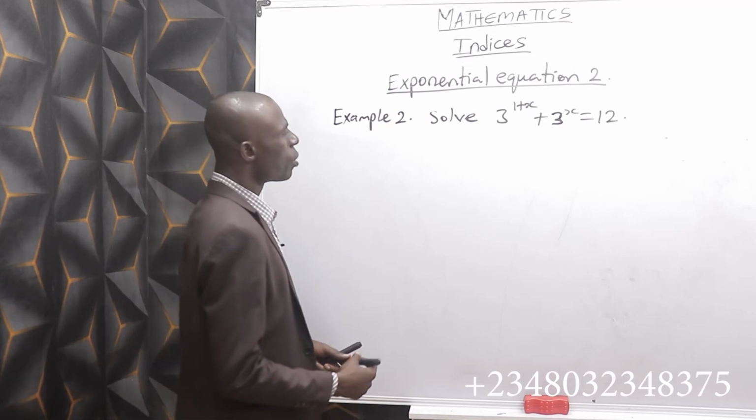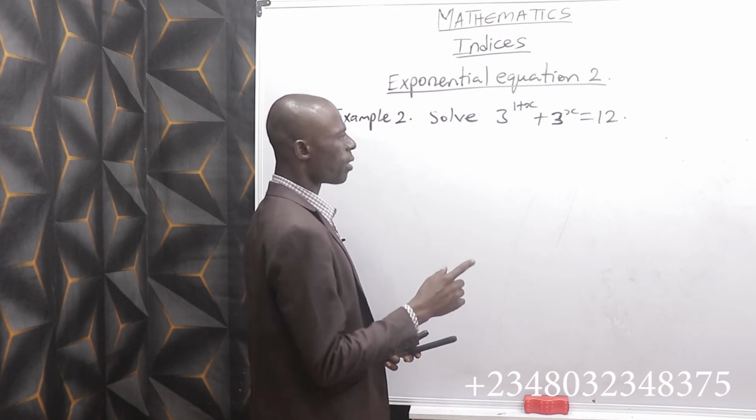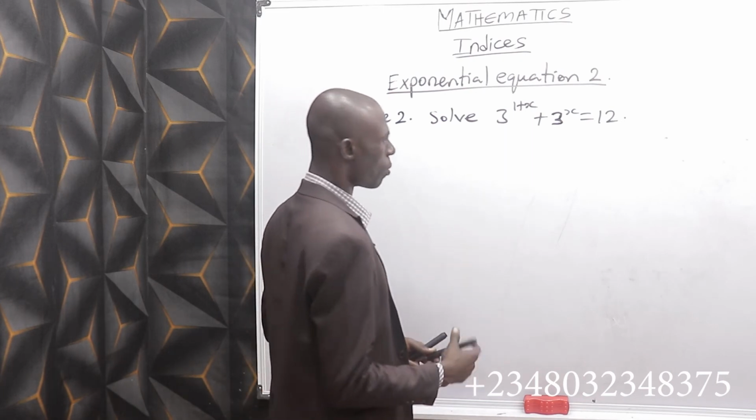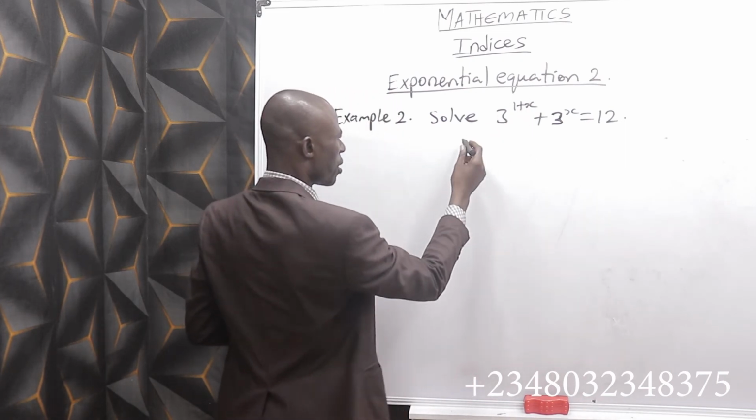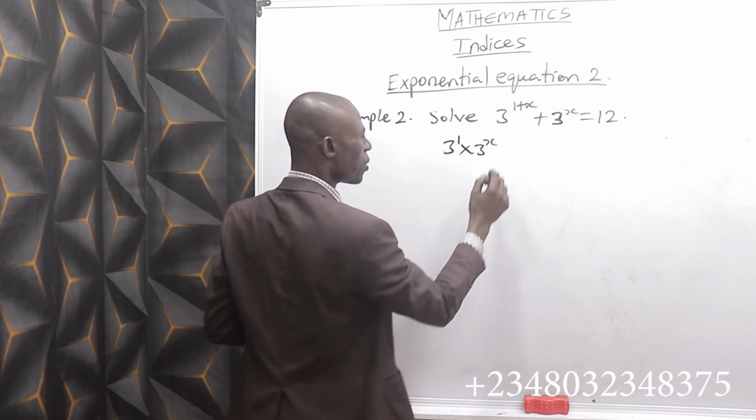Example 2. Solve 3 raised to power 1 plus x plus 3 raised to power x equals 12. Reverse this to be 3 raised to power 1 times 3 raised to power x.